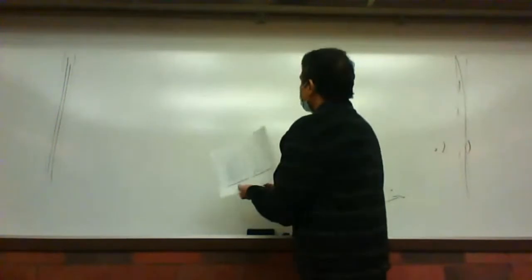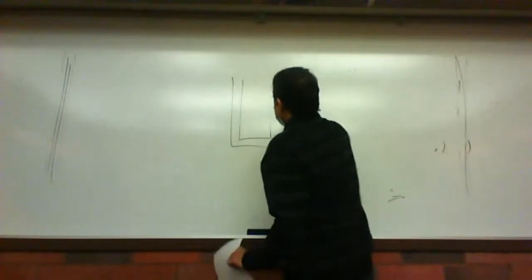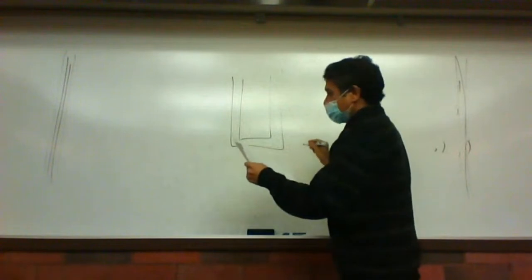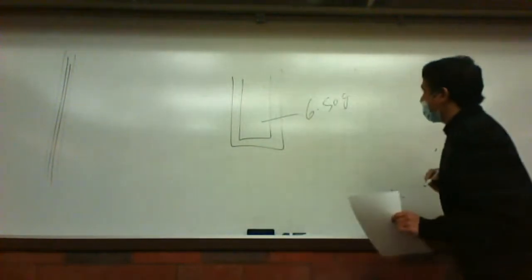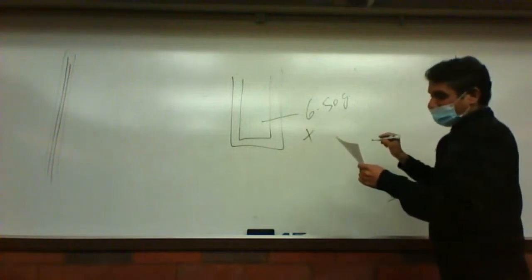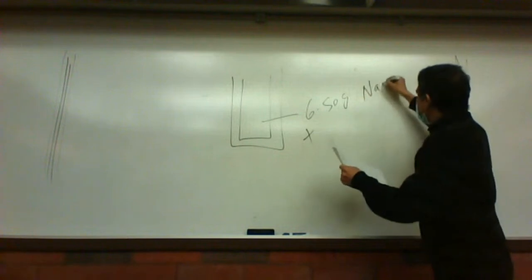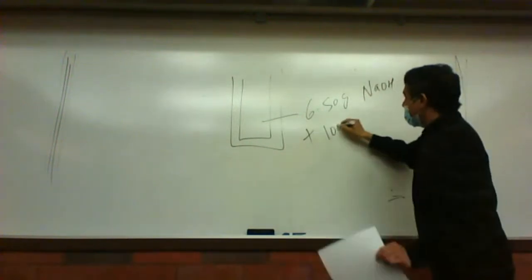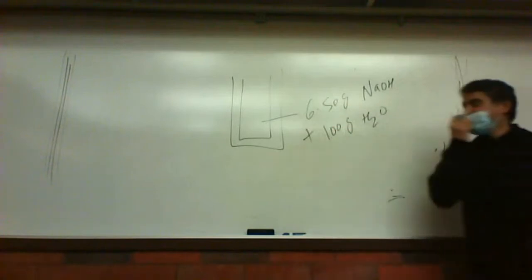So let's do it. You have a coffee cup calorimeter here, two coffee cups. He put 6.50 gram sodium hydroxide here, and then 100 gram of water, together in that coffee cup calorimeter.